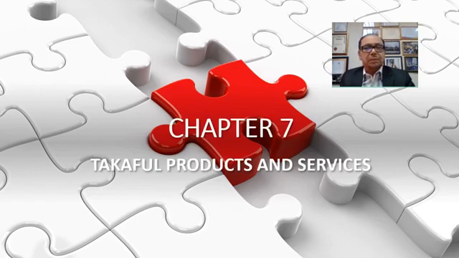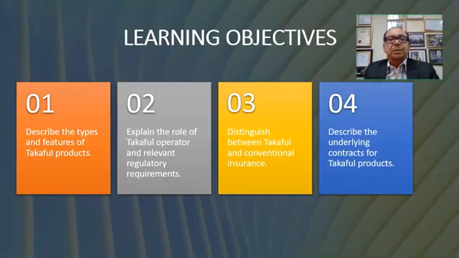Today we are on chapter 7 of the Islamic finance subject, regarding the takaful product. So the learning objectives are: number one, describe the types and features of takaful product.